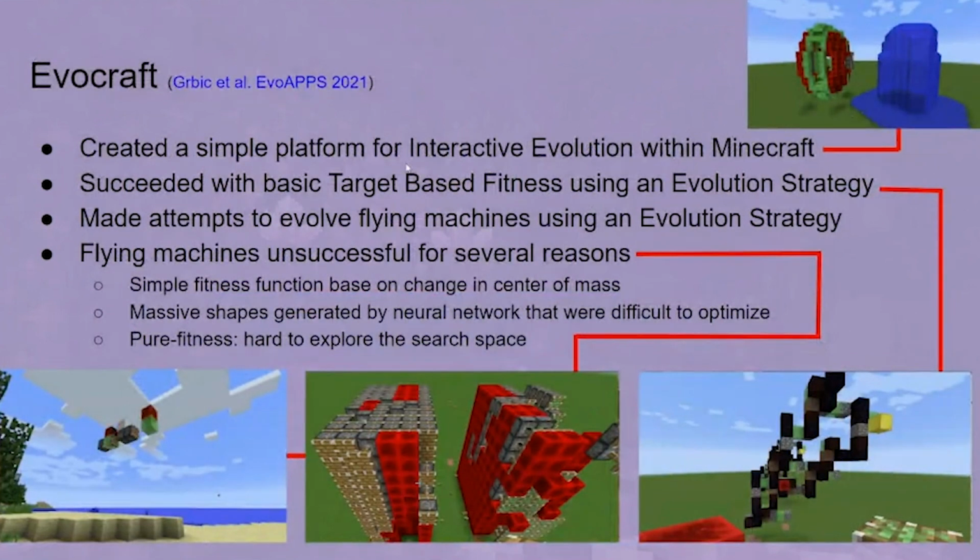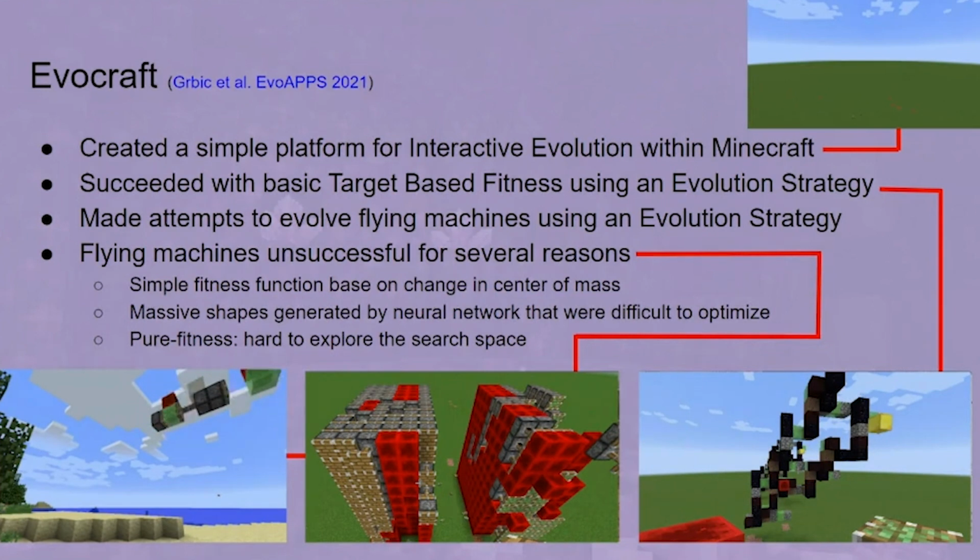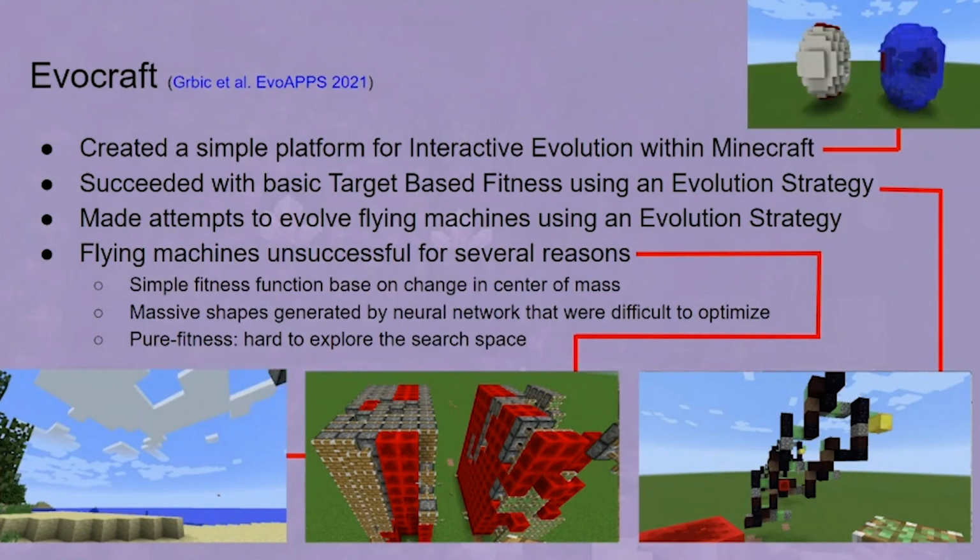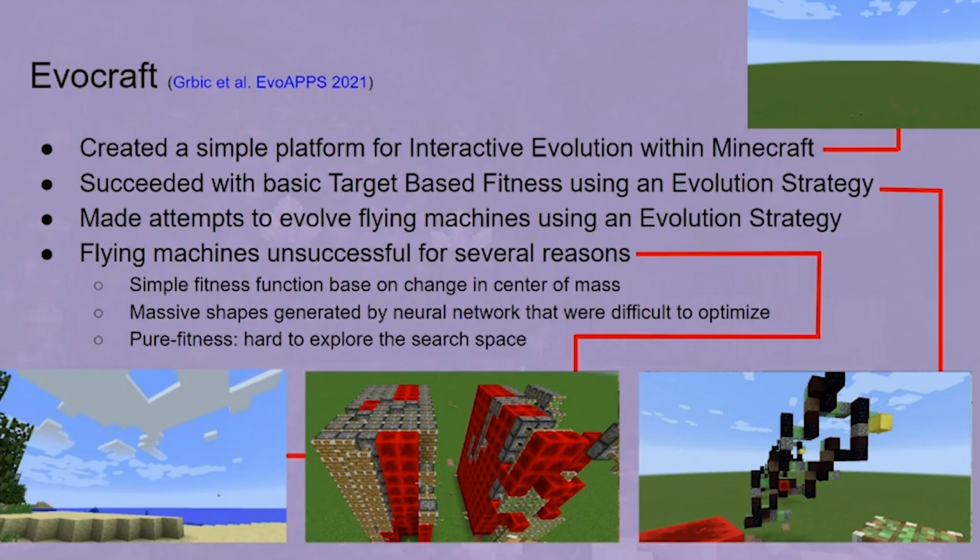In order to manipulate the blocks within the world using our AI, we use the EvoCraft API. And the creators of the EvoCraft API experimented with different things, like they played around with interactive evolution, which we can see over here. They also played with target-based fitness using evolutionary strategy, where their main objective was to have a snake-like structure build its way up to this gold block.